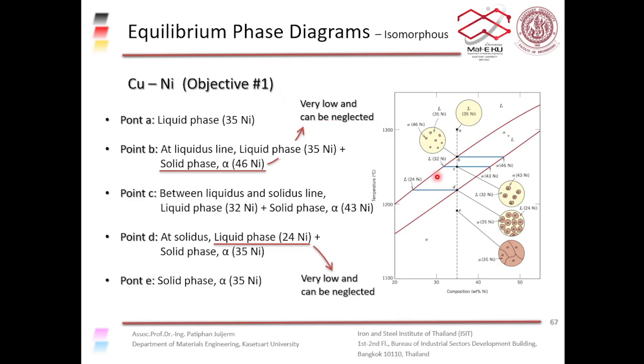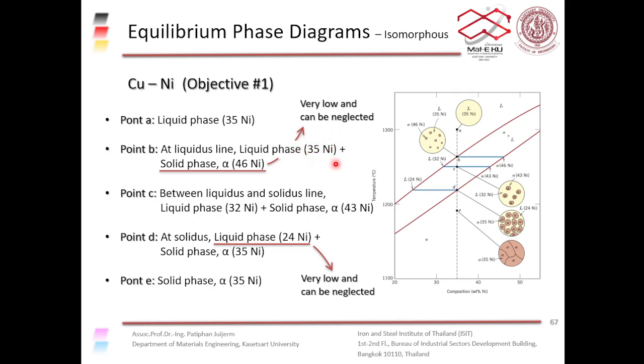When we get to objective 2 and 3, you will see that the overall composition stays at 35%. In the alpha phase there's 46% nickel, but there's so little alpha phase, therefore there's so little nickel in there. Most of the nickel stays in the liquid phase. So that's why we have 35%.